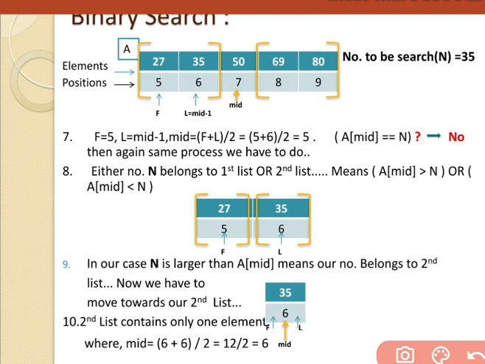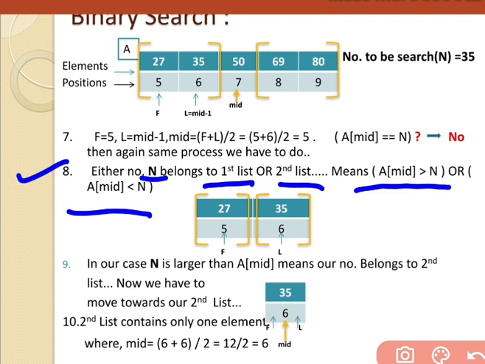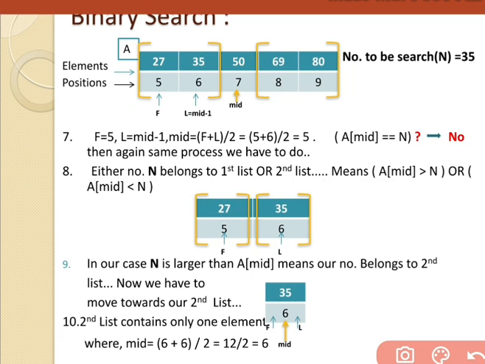See what happened. Again, the number belongs to the first list or the second list, meaning either the number is smaller than the mid location or the number is greater than the mid location. Now in our case, it is greater.